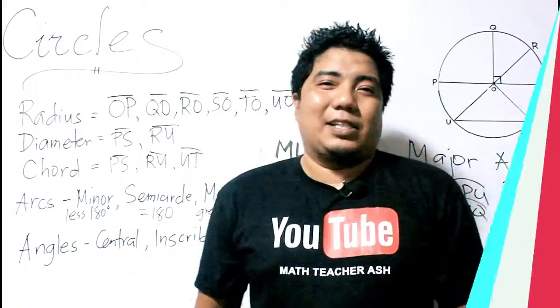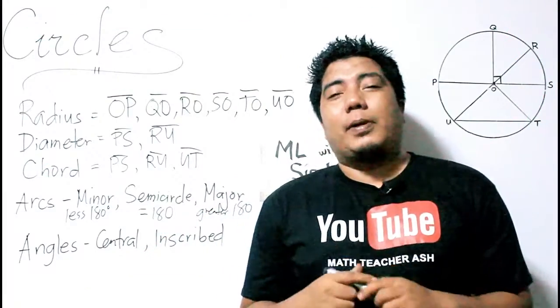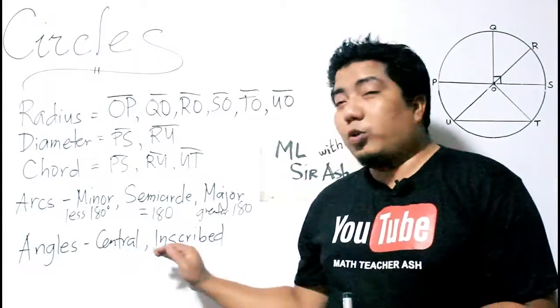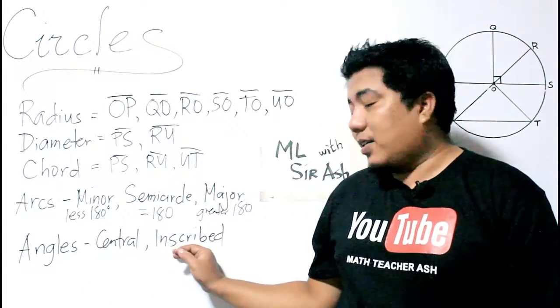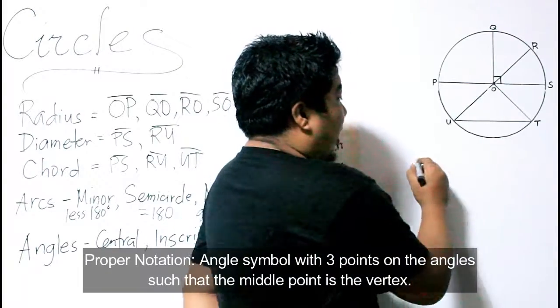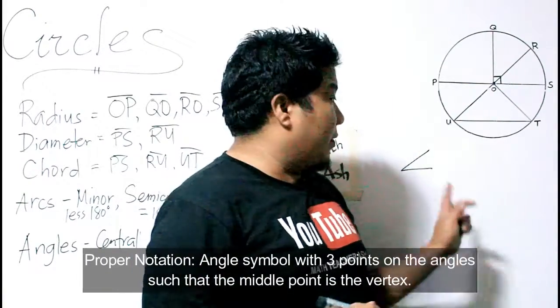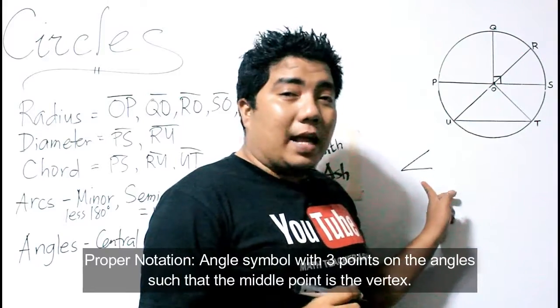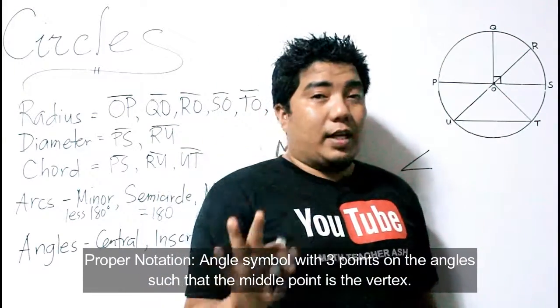Now, let us go to the final term. We have the angles. Now, for the angles, my dear math learners, we have two types, the central angle and the inscribed angle. Remember that in naming angles, you can name by the use of this symbol, the angle symbol, and with the use of three letters.